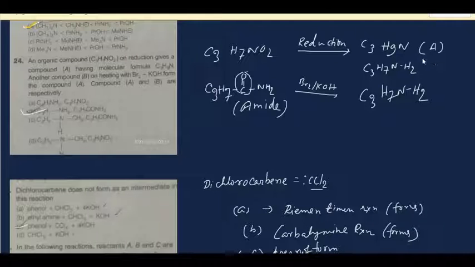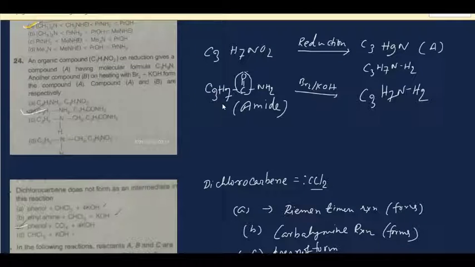Then compound A is C3H7NH2, and we have to find B, which on reacting with Br2 and KOH gives A, meaning C3H7NH2. So this is the reagent of Hofmann's degradation reaction.